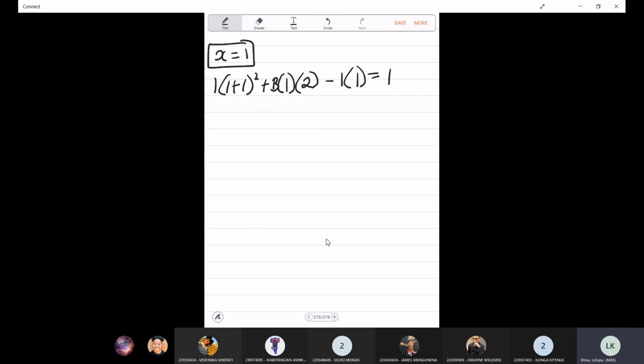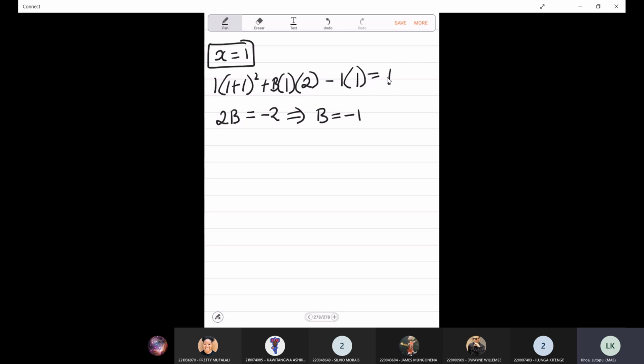So here I have 2b is equal to, this is 2 squared, this is 4, so I have 4 minus 1 is 3, and then I take it to the other side. I have 1 minus 3, which is minus 2. And then this means that b is equal to minus 1.